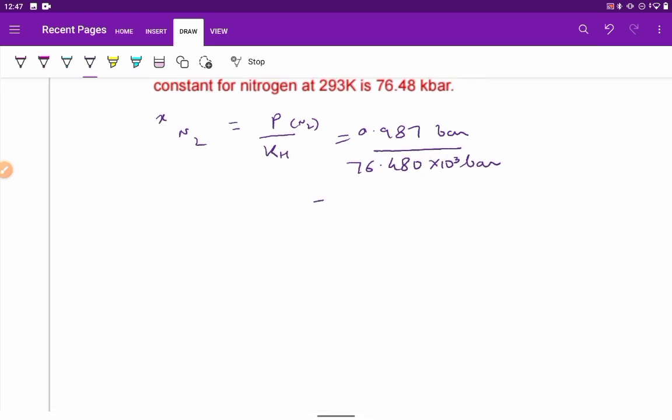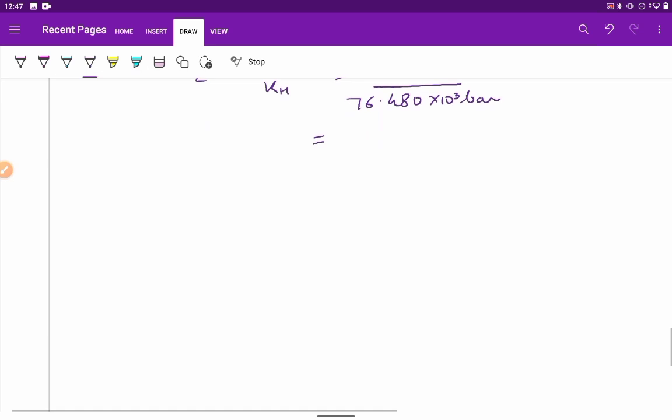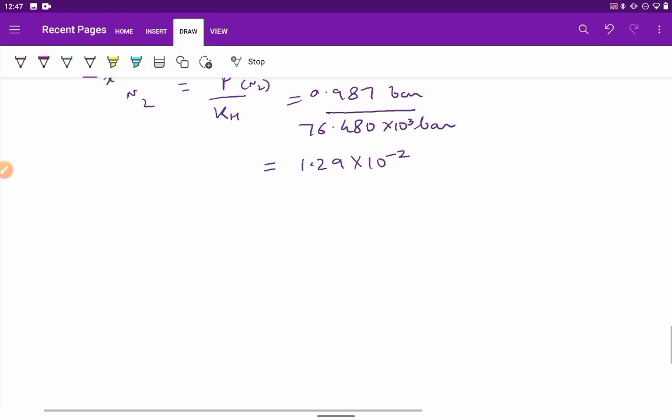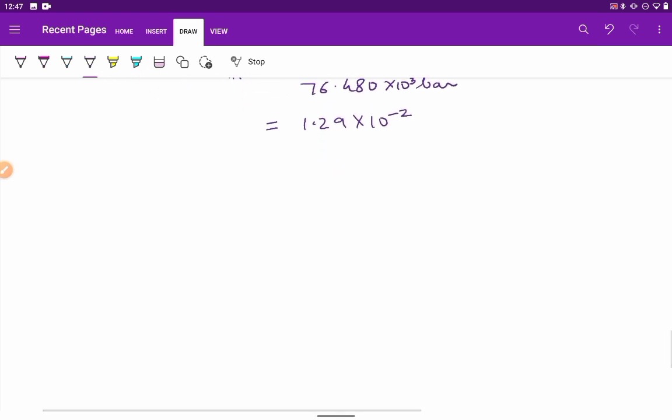When we solve it, we get 1.29 into 10 to the power minus 2 for 0.987 by 76.480. This 10 to the power 3, when it goes to the numerator, becomes 10 to the power minus 3. So overall it is 1.29 into 10 to the power minus 5.